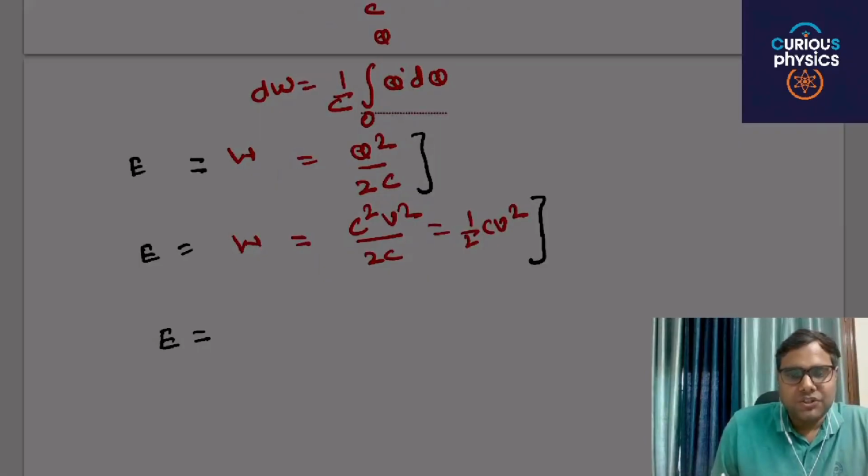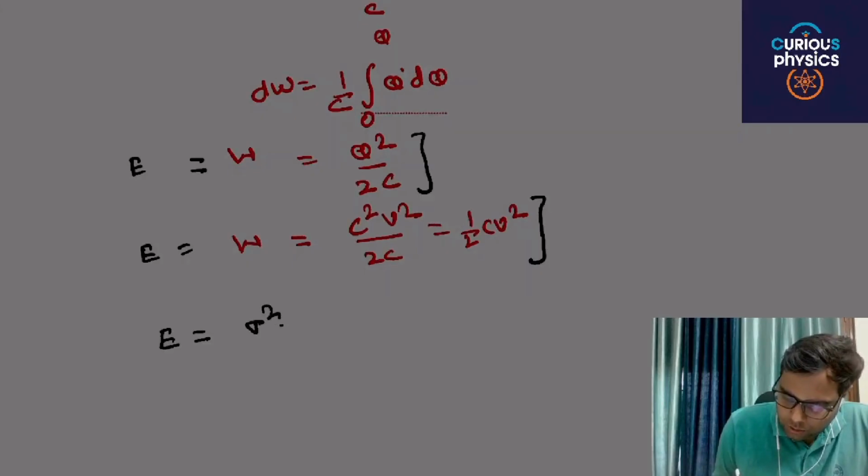If sigma is the charge density, then you can write Q square is equal to sigma square into A square.